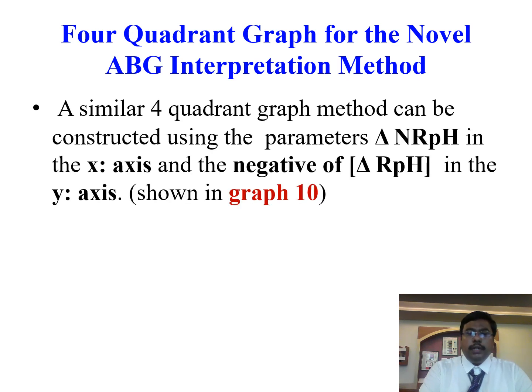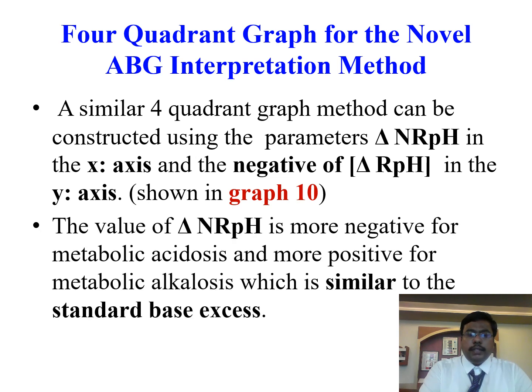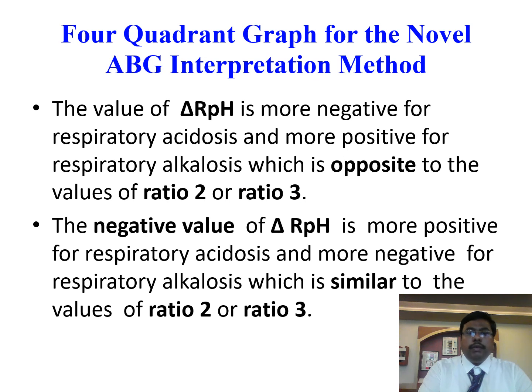A similar 4-quadrant graph method can be constructed using the parameters delta NRPH on the x-axis and negative of delta RPH on the y-axis. We already discussed that delta NRPH is similar to the standard base excess. This value is more negative for metabolic acidosis and more positive for metabolic alkalosis. And the value of delta RPH is more negative for respiratory acidosis and more positive for respiratory alkalosis.